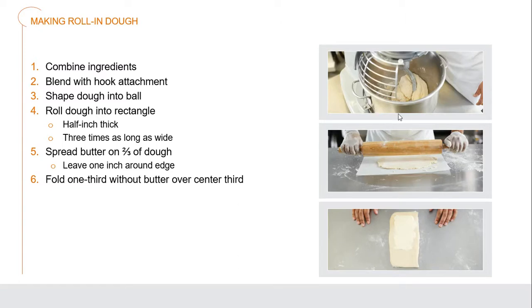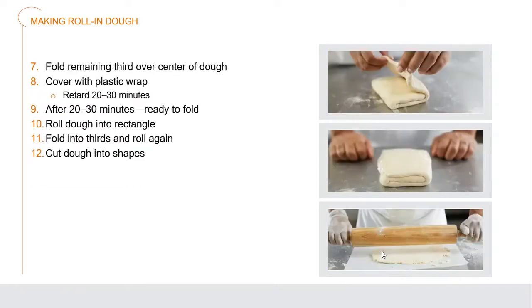So we're spreading that butter onto there and folding it 1/3 without butter, and then over to that center third. And so this is a way that's traditionally seen as creating our puff pastry.